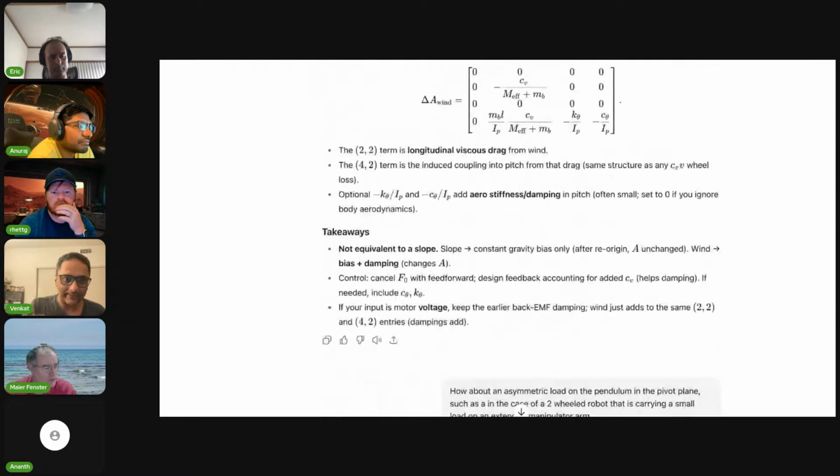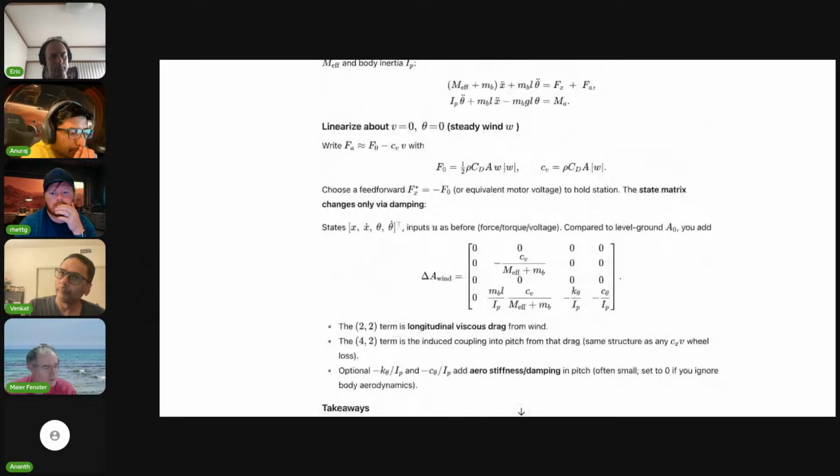Again, you're linearizing. You mentioned wind, so you can also talk about what wind profile will make it uncontrollable.